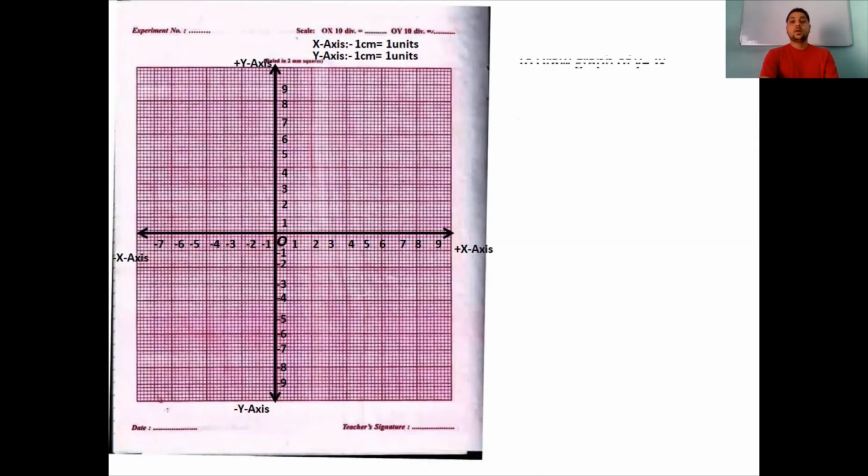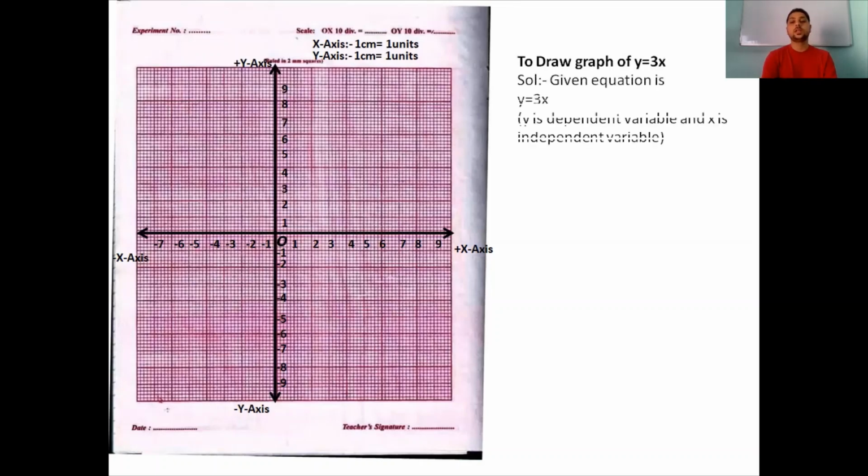So next we have to draw the graph of the equation y is equal to 3x. So the given equation is y is equal to 3x. Y is a dependent variable and x is an independent variable. We can have any value of x and it will affect the value of y, which is the dependent variable. Now, how do you select the value of x here?